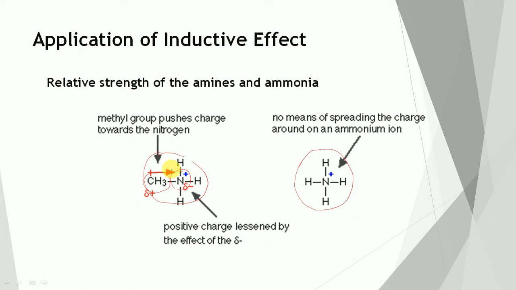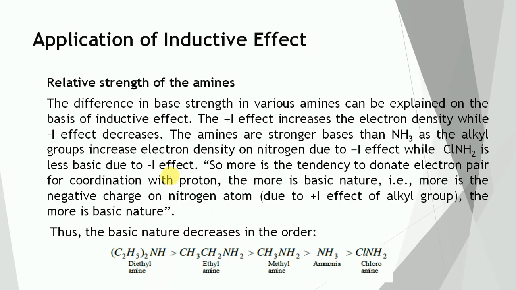So we can say that the alkyl group helps to increase the electron density around the nitrogen and makes the electron pair more available. So the stability of this ion ultimately increases. Then let us compare the relative strength of the amines. The difference in base strength in various amines can be explained on the basis of the inductive effect. The positive I effect increases the electron density, while the minus I effect decreases the electron density. Amines are stronger bases than ammonia, as I already told you.